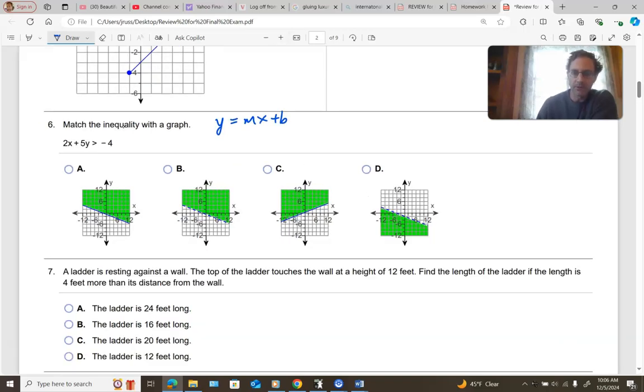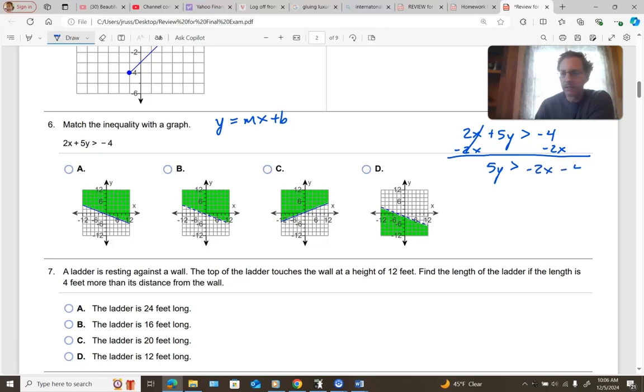Let me zoom in a bit so I've got plenty of room. I'll do that over here. So 2x plus 5y is strictly greater than -4. Alright, so I'm going to go ahead and subtract 2x from both sides. If I do that, that'll leave me with 5y is greater than -2x minus 4.